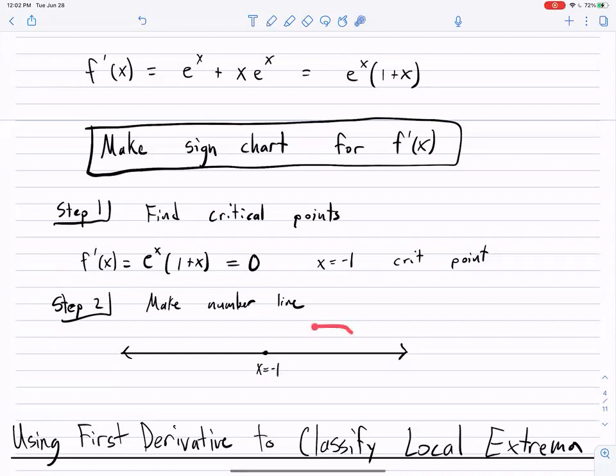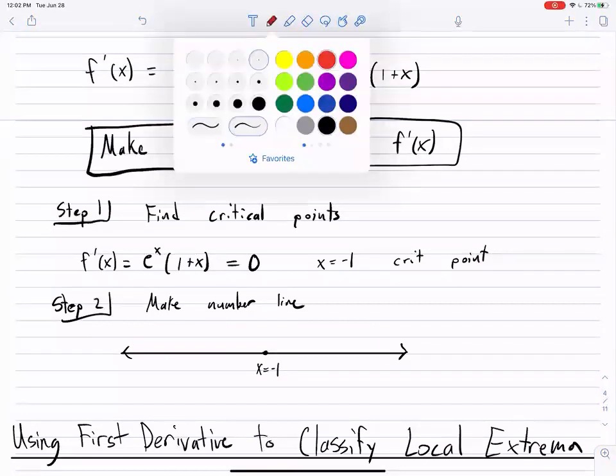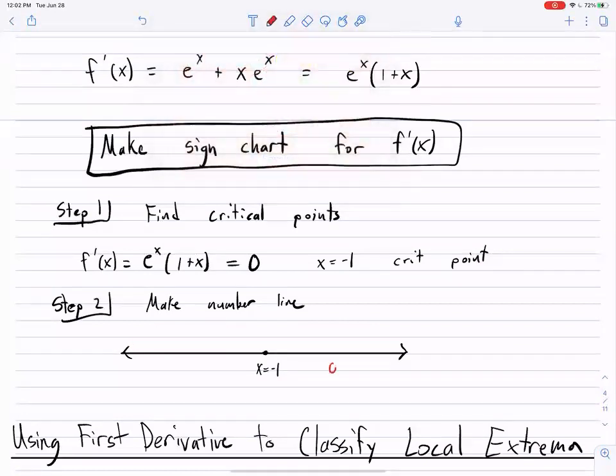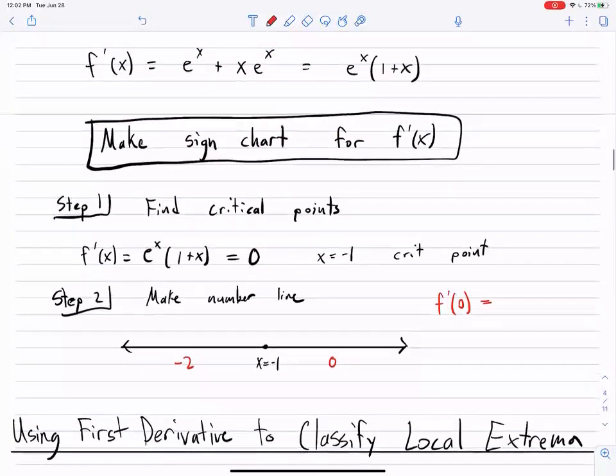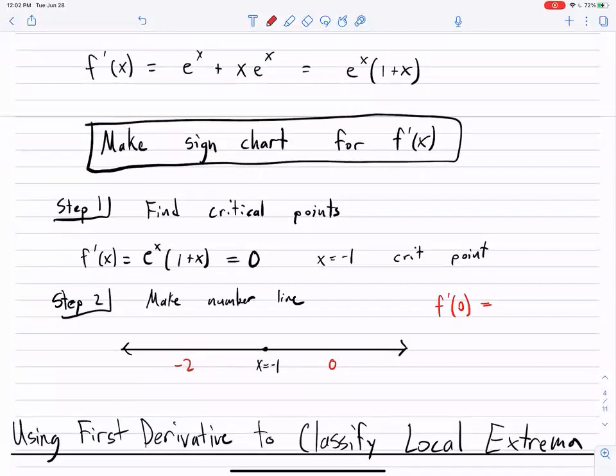And then we're going to test a point over here and test a point over here. So plug in the test point. So let's do 0 for our test point and -2 for our test point. What is f prime of 0? F prime of 0, if you plug in 0, is e to the 0 times 1, which is 1, which is greater than 0. And so we're going to put a plus sign here.